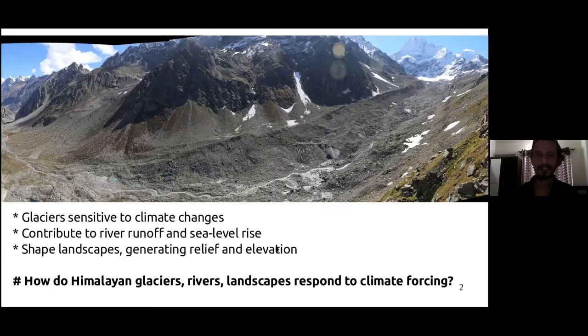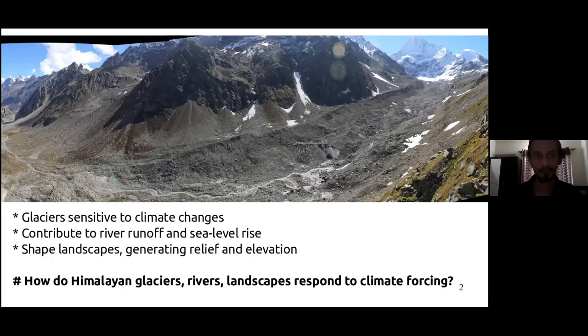So any glaciologist who goes to the field to study these objects would naturally be doing problems which are relevant to all these issues. So that way, I mostly work on glaciers. I do some field experiments. I try to use some very simple models to explain some of the data that we are collecting.